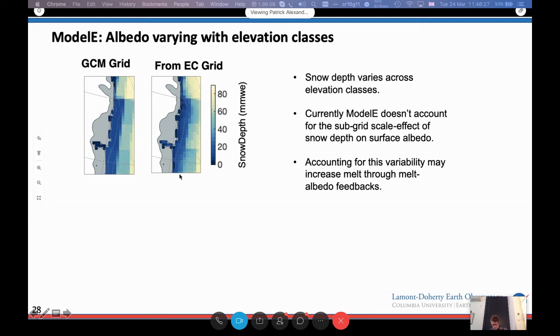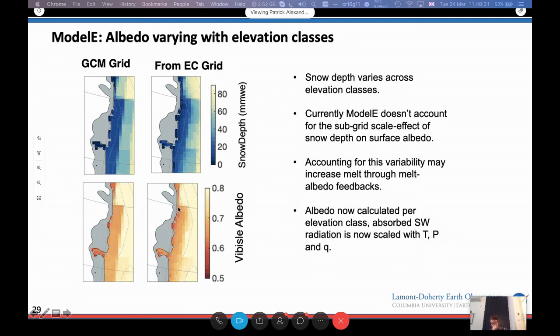And so what we've done is we've actually calculated in the GCM the albedo that results from that snow depth, and we've scaled the absorbed shortwave radiation so that for each elevation class we can have a different absorbed shortwave radiation and really simulate those albedo effects. So now we have this somewhat more smoothly varying surface albedo.